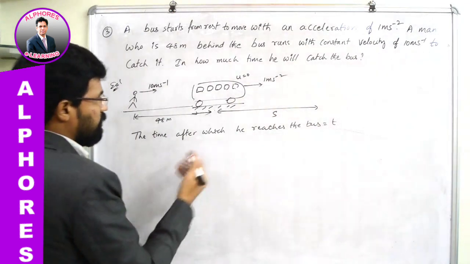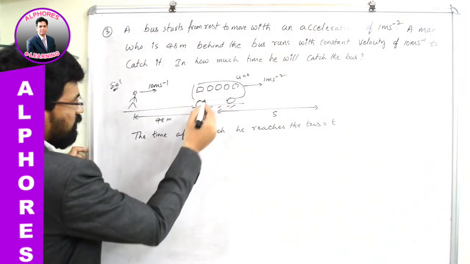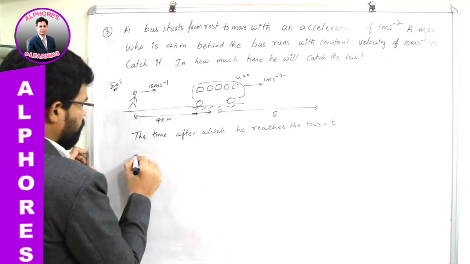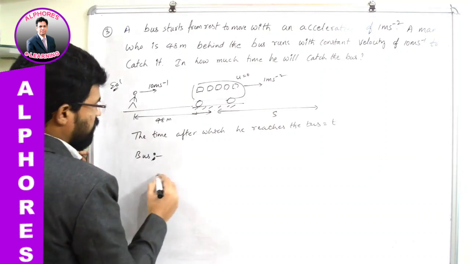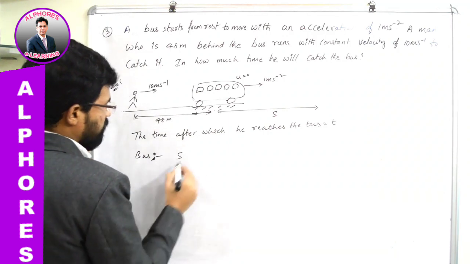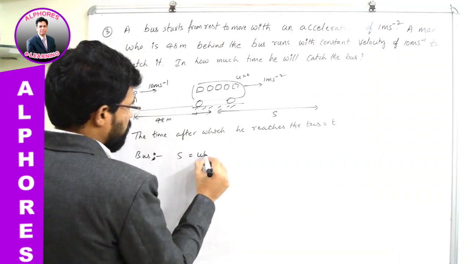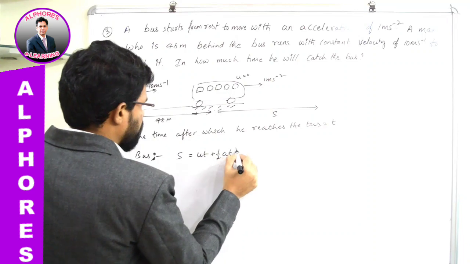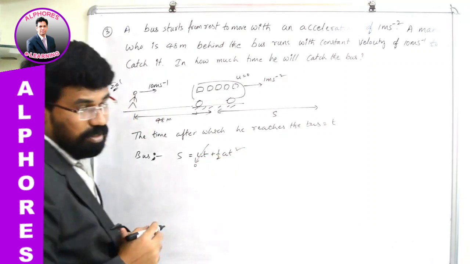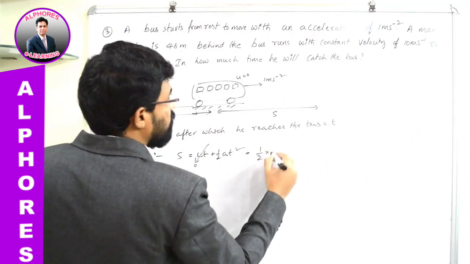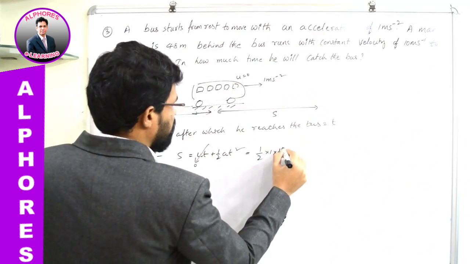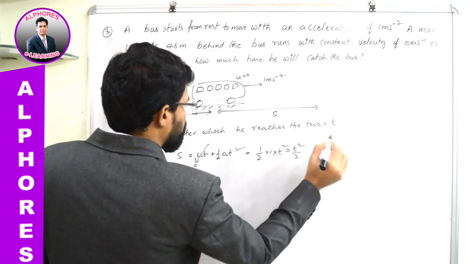Let us first write the equation for the distance covered by this bus. For the bus, s is equal to ut plus half at square. Since it has started from rest, the ut term vanishes and you are left with half into a, which is 1 meter per second square, into t square. So it's equal to t square by 2.